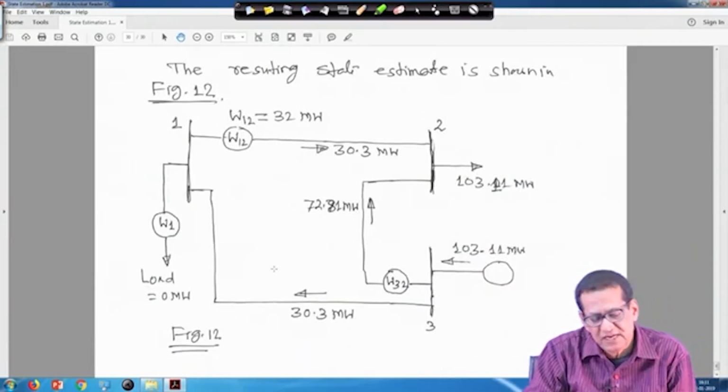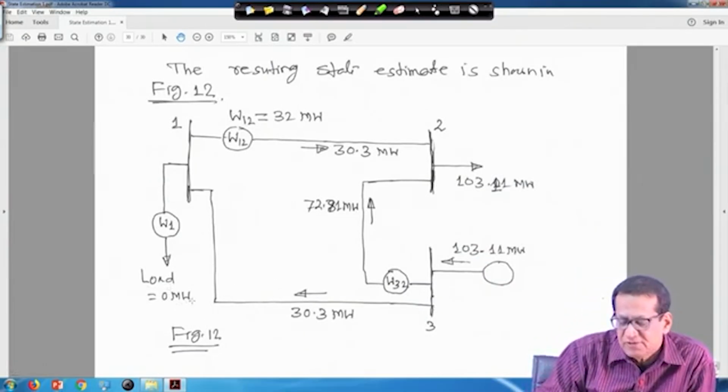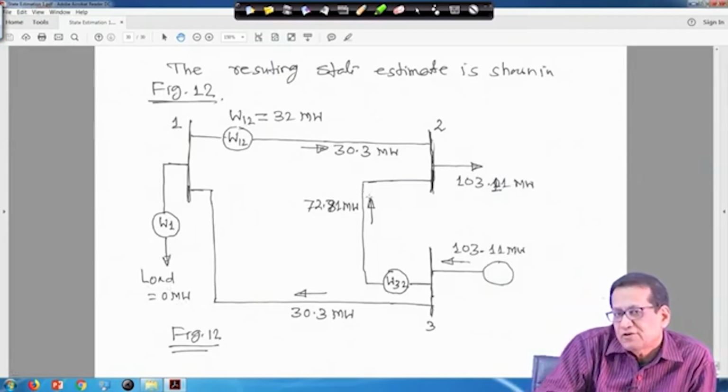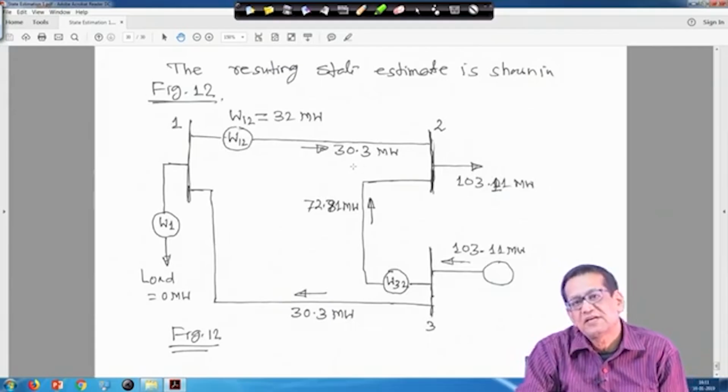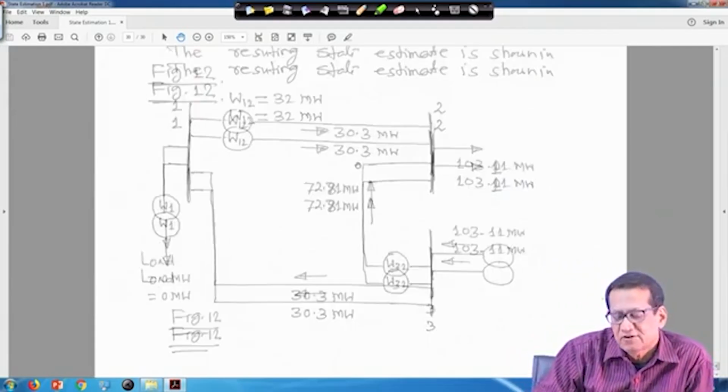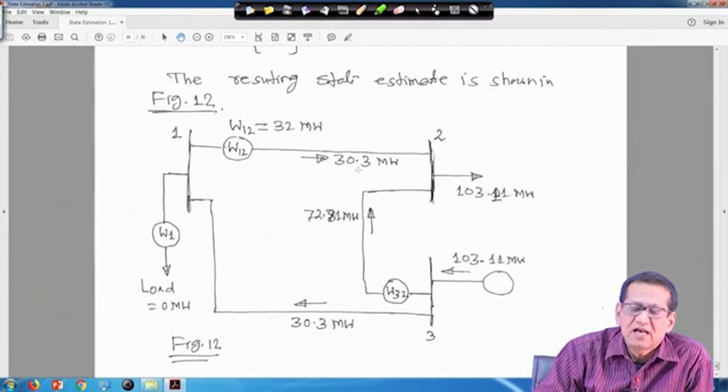Here it is 0 megawatt, a perfect result with no error. Here you see 72.881 megawatt and 30.3 megawatt, total is 103.11 megawatt, here also 103.11 megawatt, and here also 30.3 megawatt, because the load here is 0, 30.3 megawatt. So, this makes the calculation accurate.